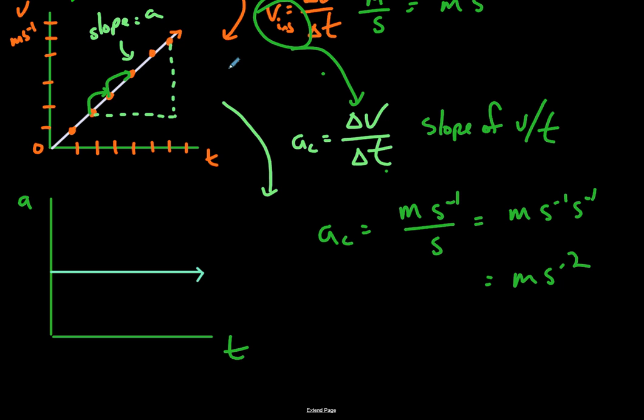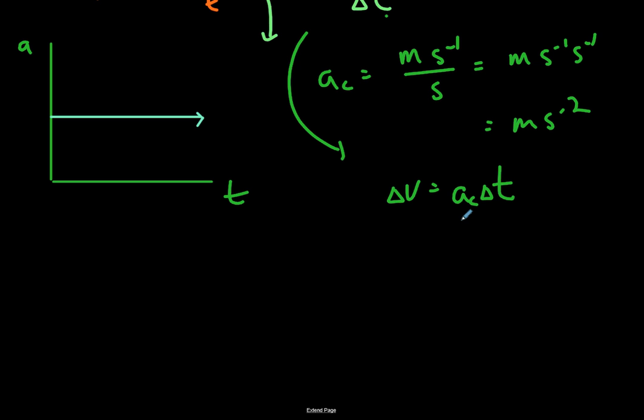All right, now we're going to look at this formula and we're going to rearrange it here, okay? So we're going to say that delta V should then be equal to whatever my acceleration value is times the time that I accelerate over. See if I can make sense of this. So let's say I start at 0 meters per second, for instance, and I accelerate at 2 meters per second squared for 5 seconds, okay?